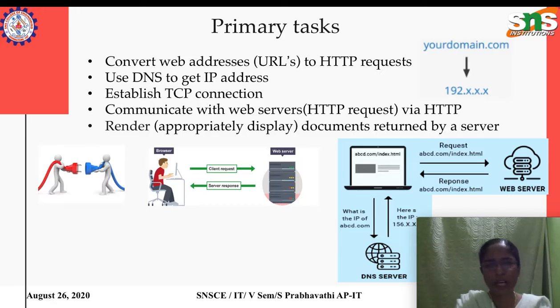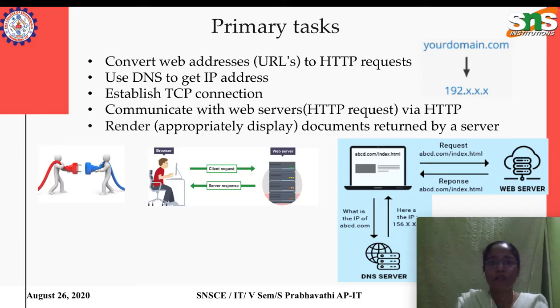The primary task of the browser is not only to fetch the information from the internet, it also processes the request. First and foremost, it will convert the web address to our HTTP request, and once the request has been done, it will look for the IP address of the server.